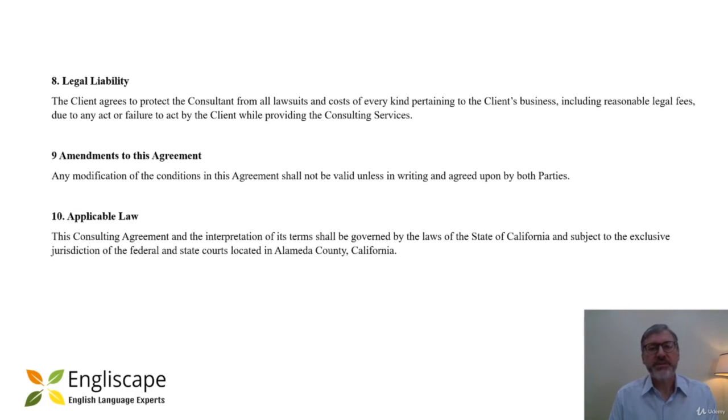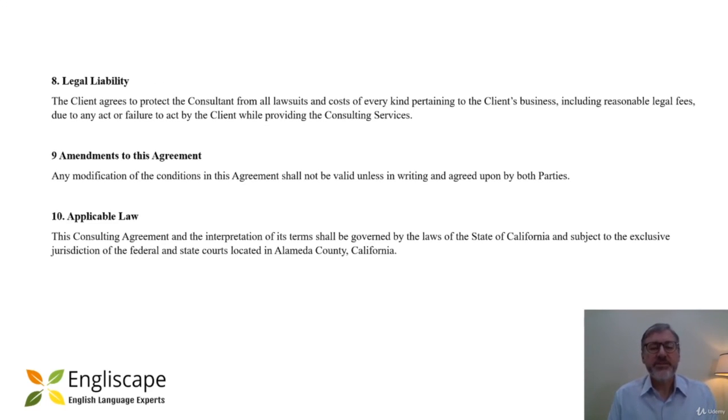9. Amendments to this agreement. Amendments means changes. Any modification of the conditions of this agreement shall not be valid. Valid means acceptable or true, unless in writing and agreed on by both parties. Both parties, the client and the consultant, must agree to any change to this contract. Article 10. Applicable law.